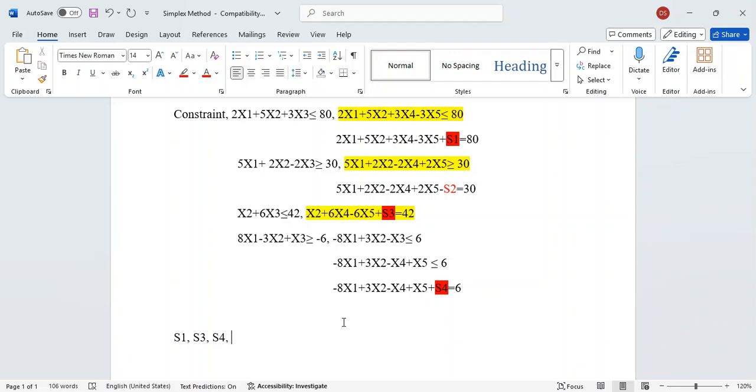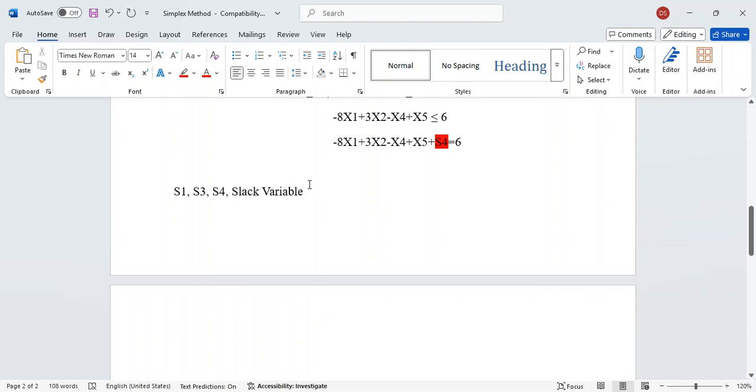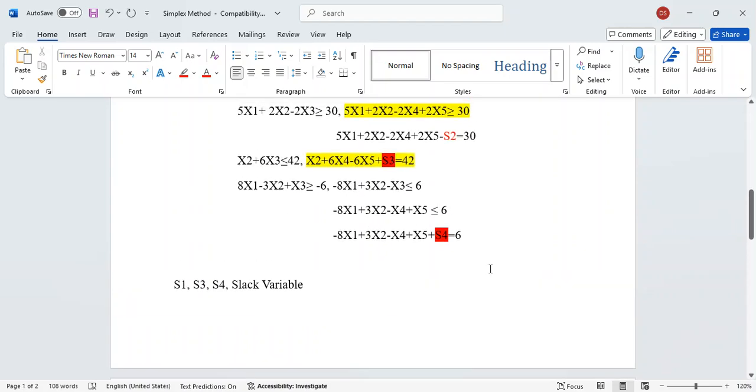So it is called a slack variable. Similarly, X2 has been deducted, so it is called a surplus variable.